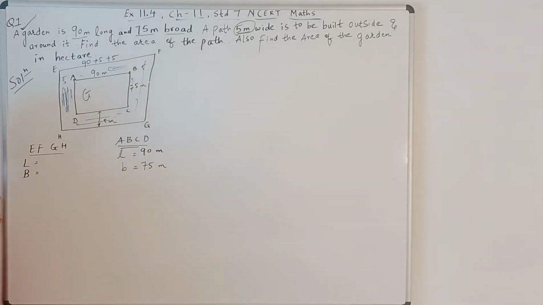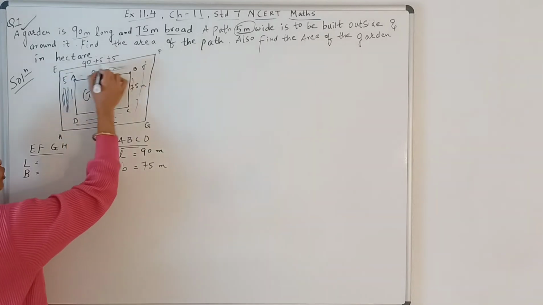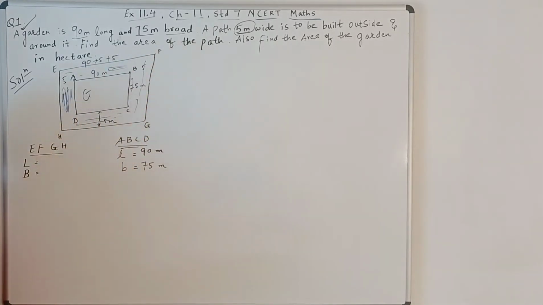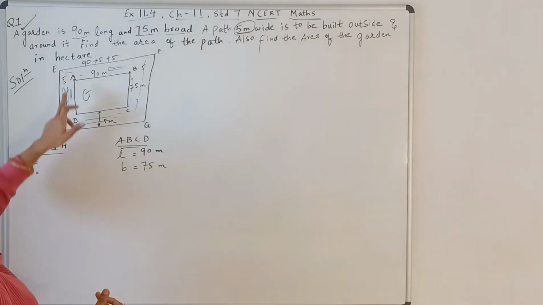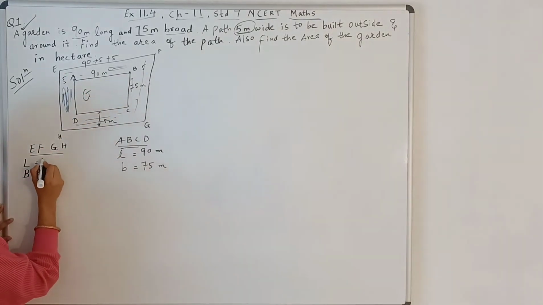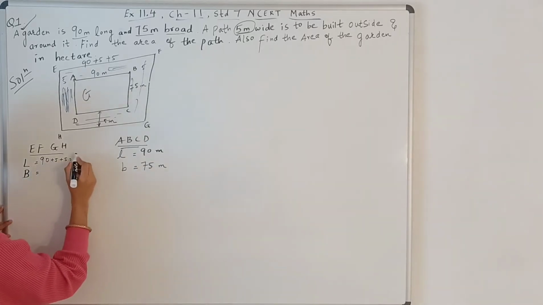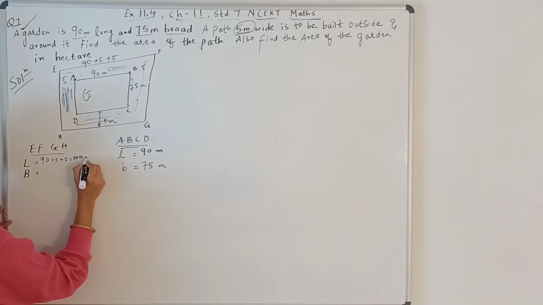I hope you understood. The length of the outer rectangle EFGH, the bigger rectangle, will be 90 + 5 + 5, which gives a total of 100 meter.